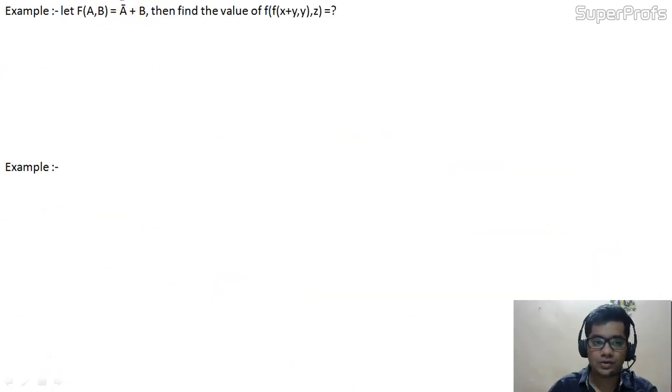Now we are going to solve one example related to all the theorems, a general example. We have been given a function f of a comma b which is equal to a bar plus b. We have to find the value of f of x plus y comma z. So how are we going to solve this? First we solve the inner function, which is f of x plus y comma y. So it would be x plus y whole bar plus y.